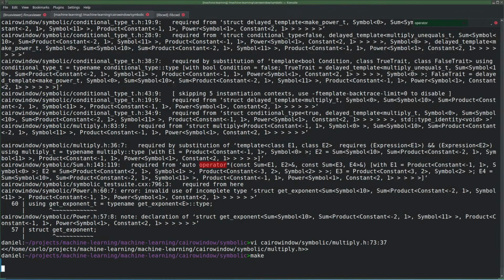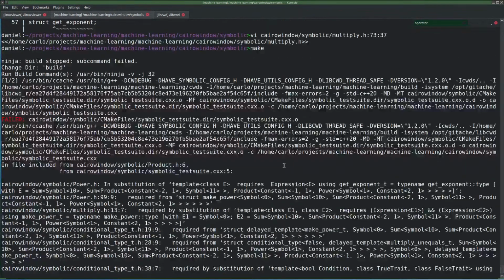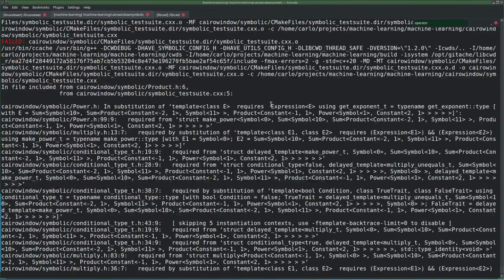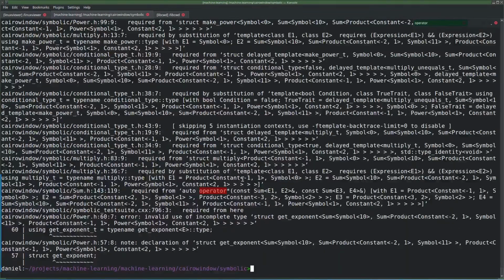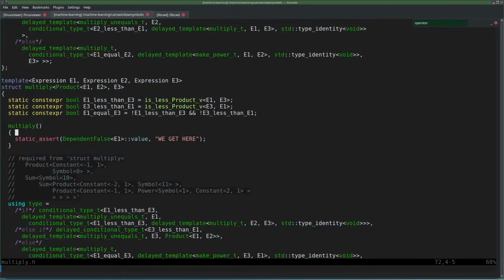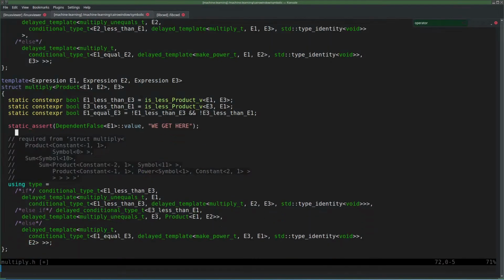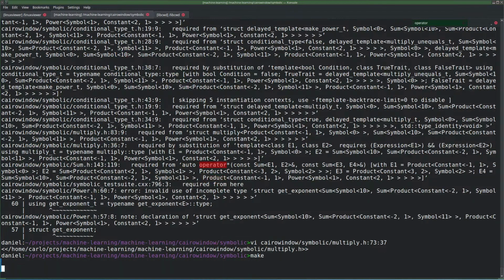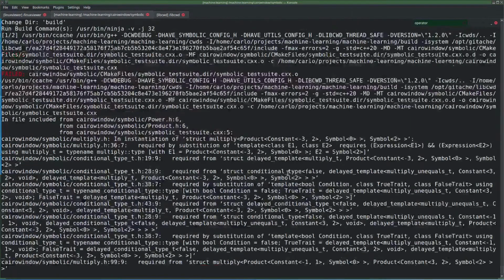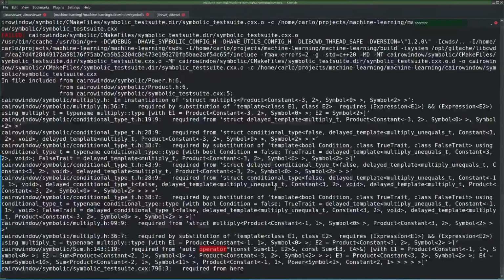Test it if we stop here now. Nobody sees we get here. Nope. And then we go back to trying without constructor. Also not.